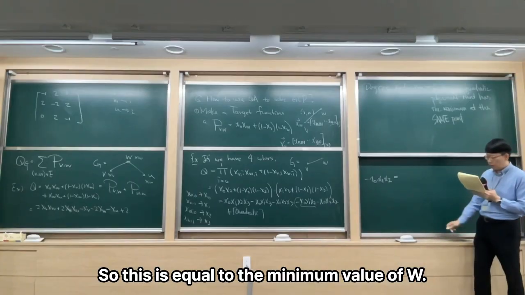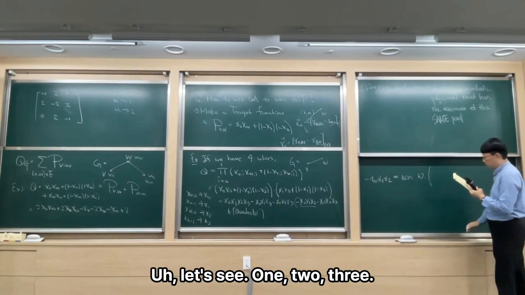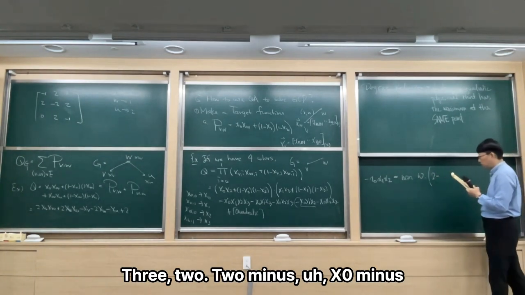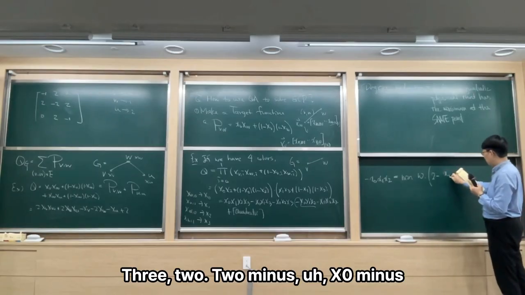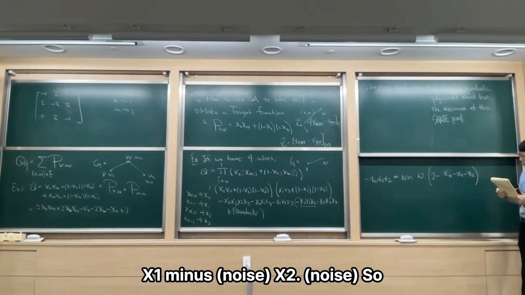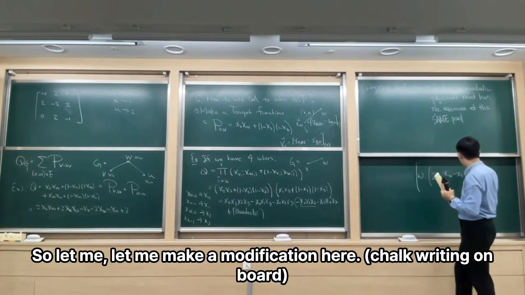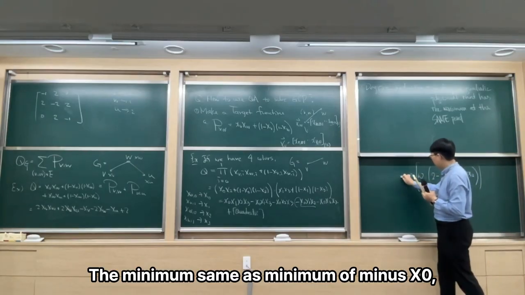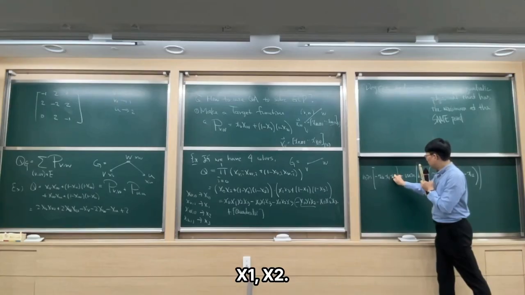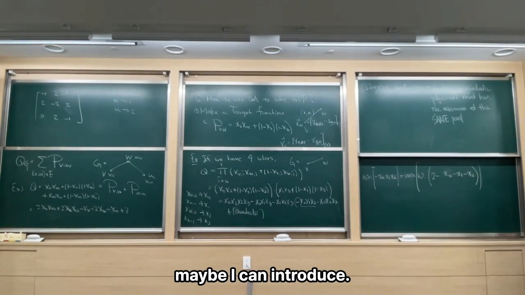This is equal to the minimum over w of, let's see, 2 minus x0 minus x1 minus x2. I should say minimum here, so let me make a modification. The minimum is the same as the minimum of minus x0 x1 x2. So this is the simplest degree reduction method I can introduce.